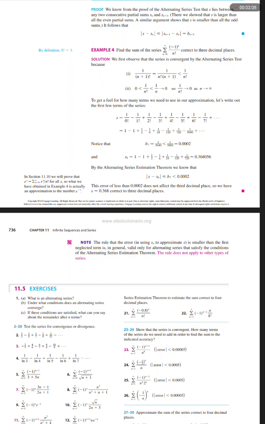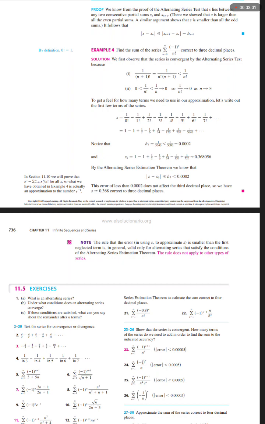S equals 1 over 0 factorial minus 1 over 1 factorial plus 1 over 2 factorial minus 1 over 3 factorial plus 1 over 4 factorial minus 1 over 5 factorial plus 1 over 6 factorial minus 1 over 7 factorial, and so on, which equals 1 minus 1 plus 1/2 minus 1/6 plus 1/24 minus 1/120 plus 1/720 minus 1/5040 plus and so forth.